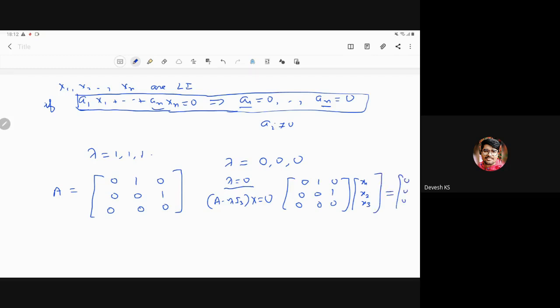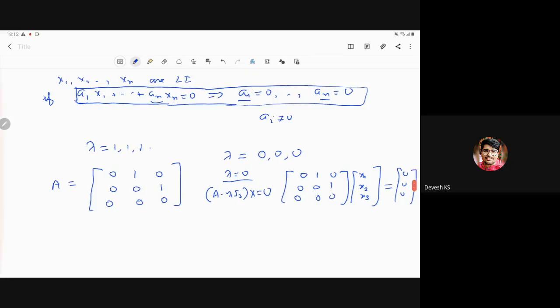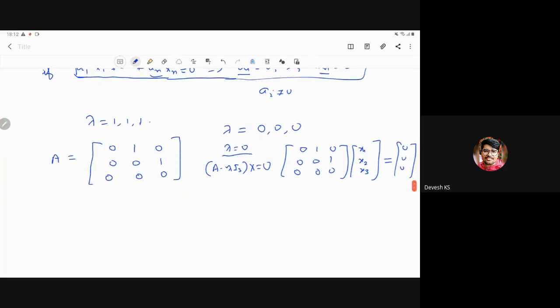What equations do you get from the system? Because its non-trivial solution gives you the eigenvector. From the first row, you get x2 equal to 0. Likewise, the second row multiplied with x1, x2, x3 gives x3 equal to 0. What does it mean? These two are fixed. x1 is arbitrary.